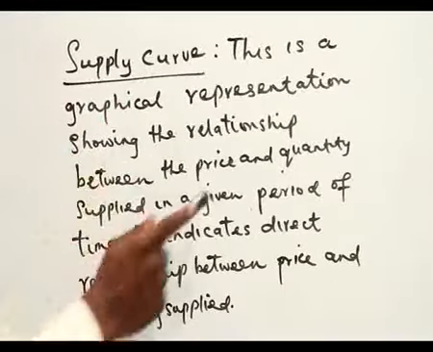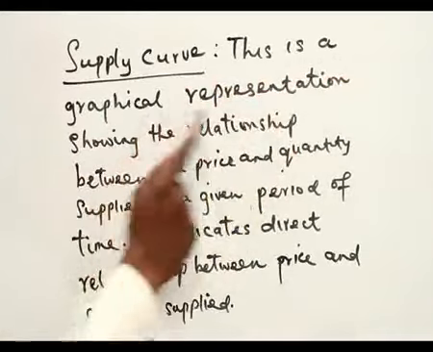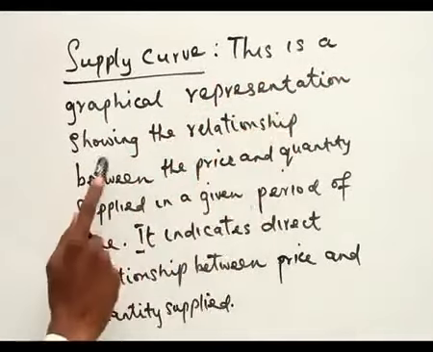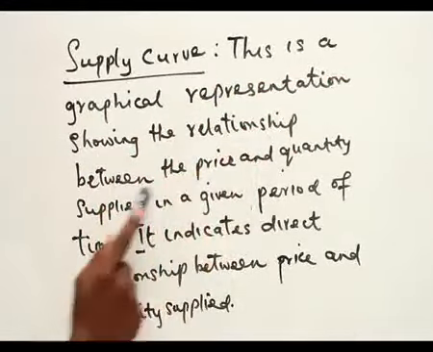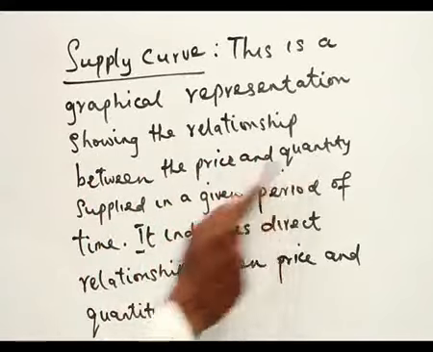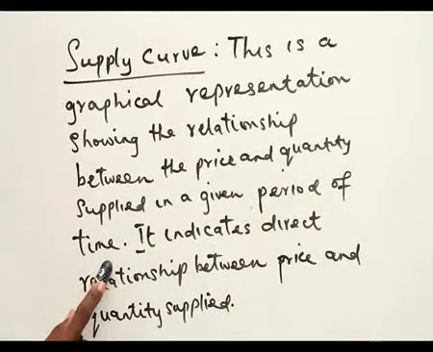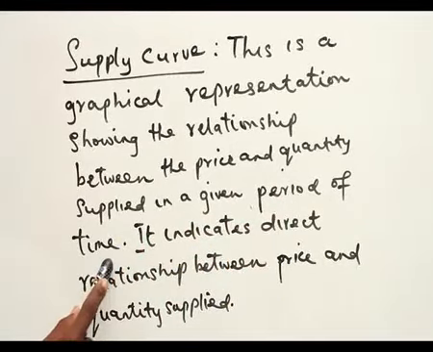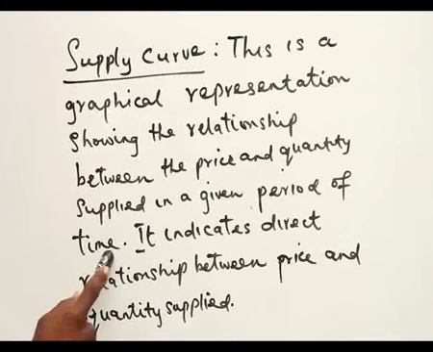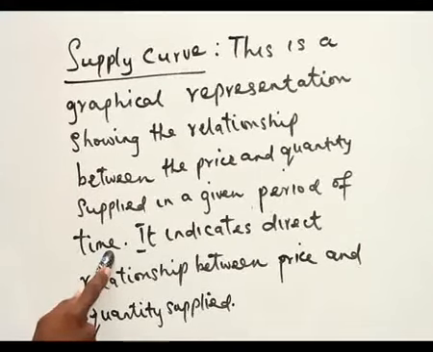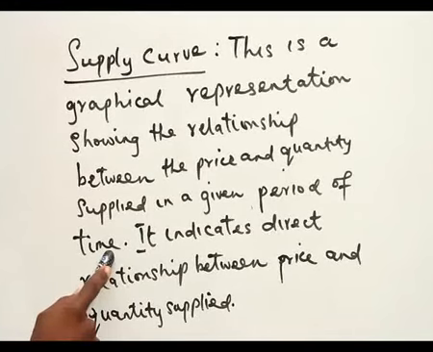Supply curve. This is a graphical representation showing the relationship between the price and quantity supplied in a given period of time. So supply curve is trying to tell us that we can have a supply schedule and translate it into a curve. So that is, we are translating the supply schedule into a curve.